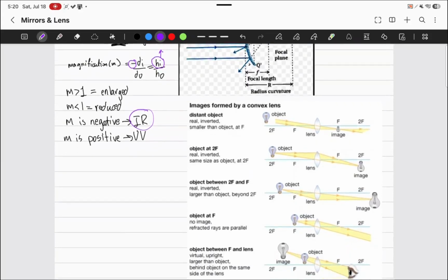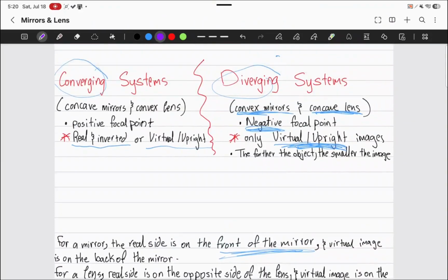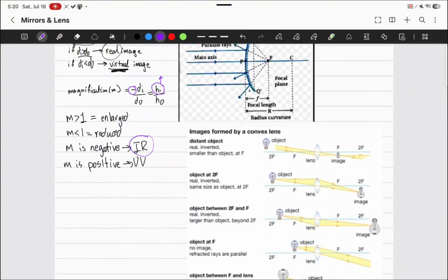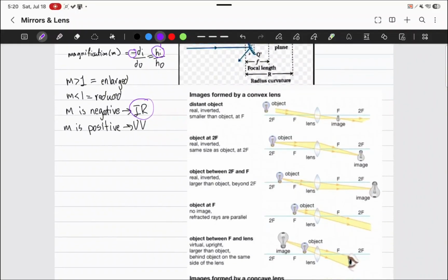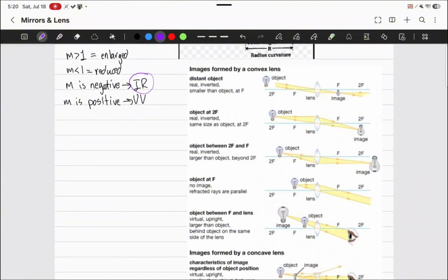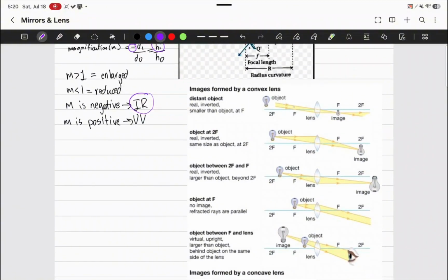Now, let's look at a few examples of convex lenses. Because remember, convex lenses and concave mirrors, as I mentioned, can have real and inverted images, or they can have upright and virtual images. And there's something else: they could have no image. So if something is farther away than even 2f, which means the center of curvature, then it would end up on the opposite side, which means that this is a real image.